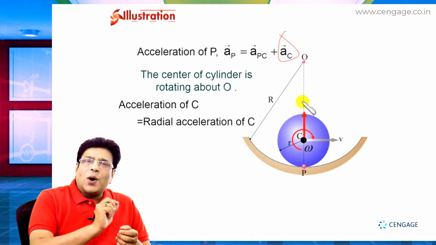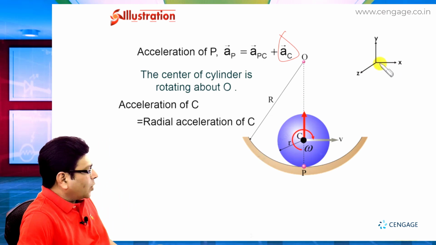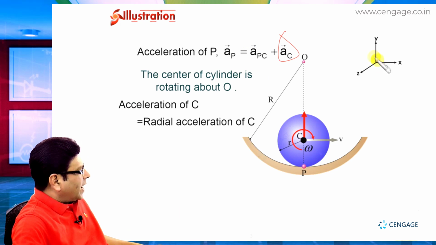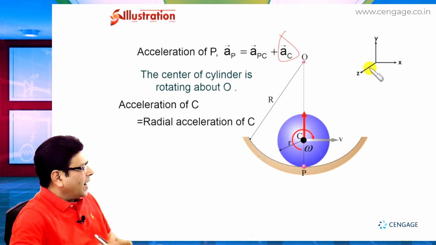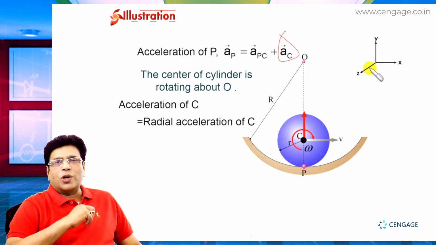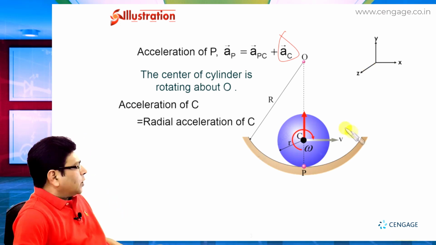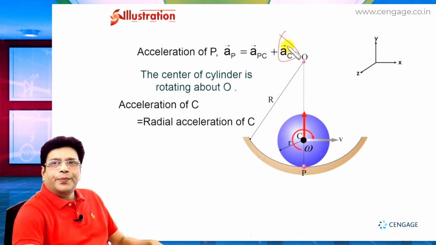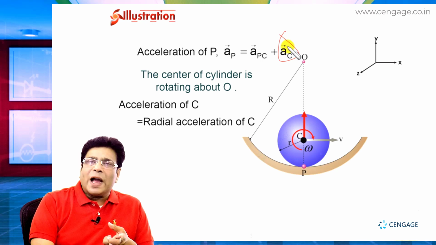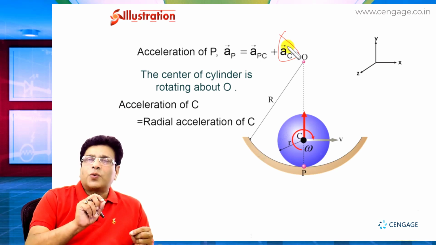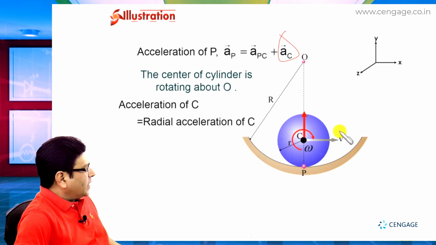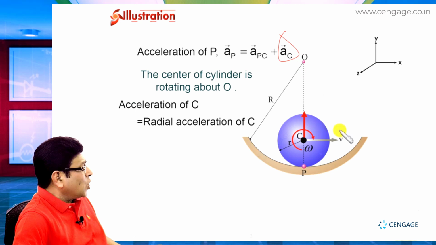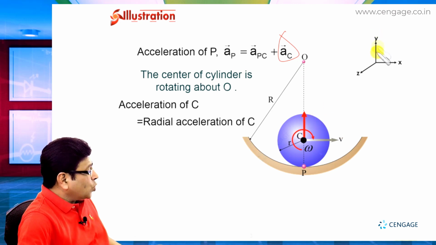Now let us assign our coordinate axes. These are our coordinate axes. Right side direction we have considered as positive x direction and upward direction as positive y direction, and direction perpendicular to the screen and toward you is our positive z direction. Now we can write the vector equation of the acceleration of C. Radial acceleration magnitude is equal to velocity square divided by radius, and velocity at this position is v and radius of rotation is capital R minus small r, and direction is toward positive y direction.